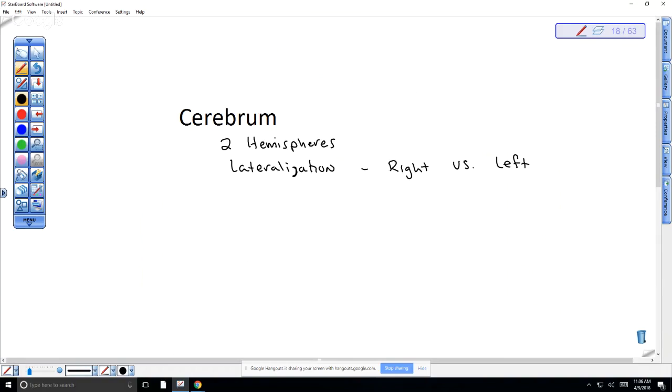And then also they believe, by looking at what are called PET scans, where they can give a person an activity and then see where in the brain there is the most electrical activity, that the right side of the brain is more associated with creativity.